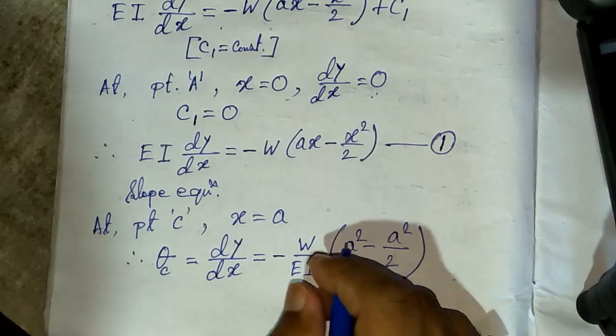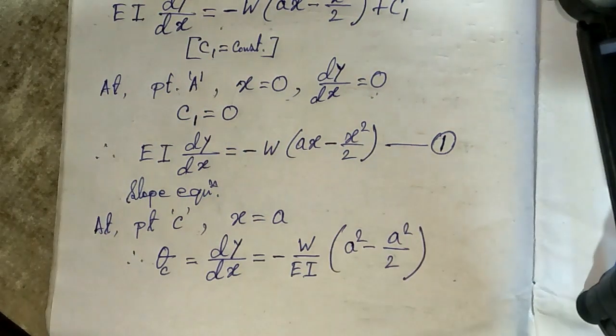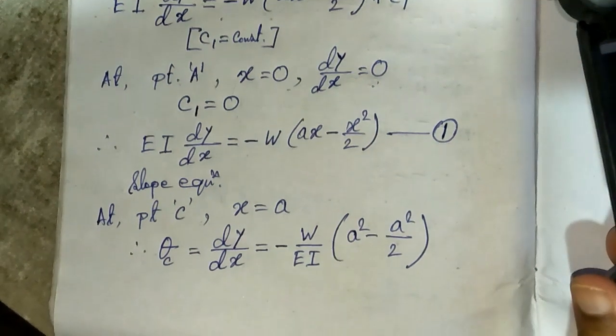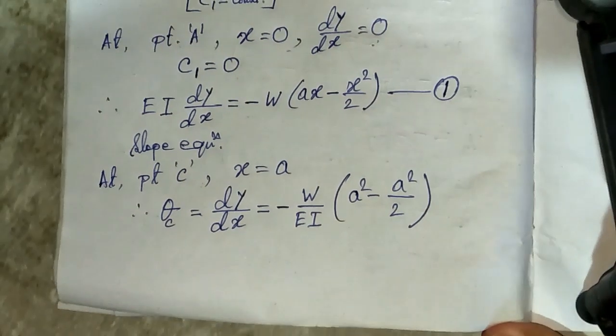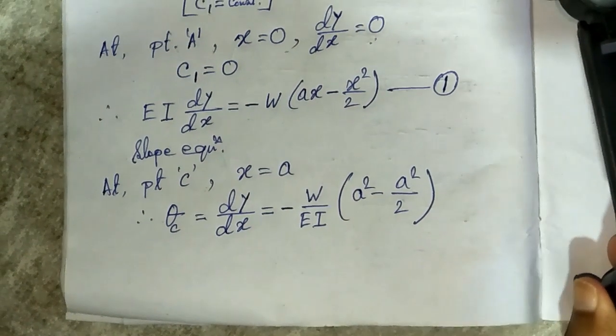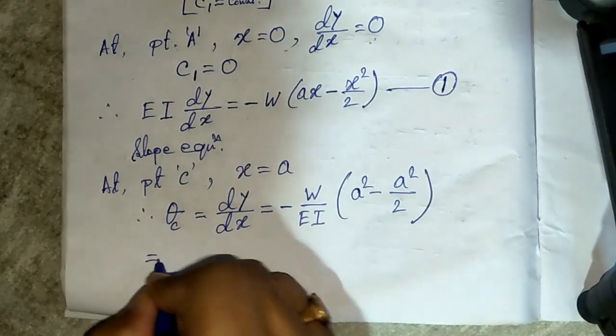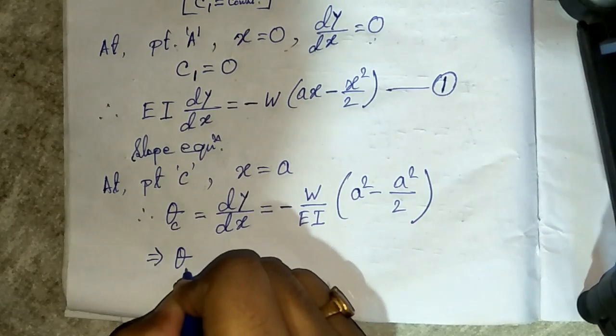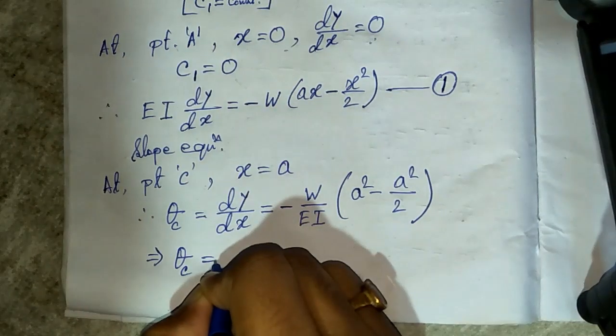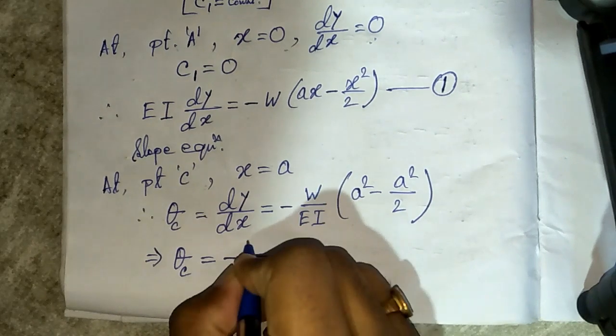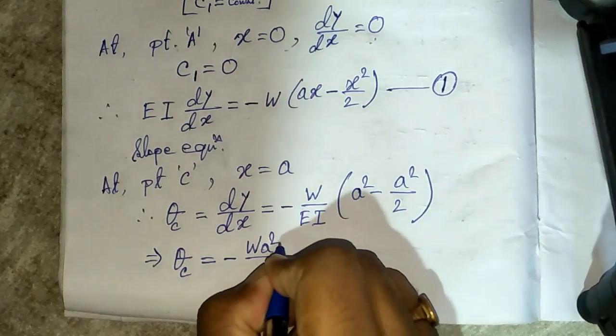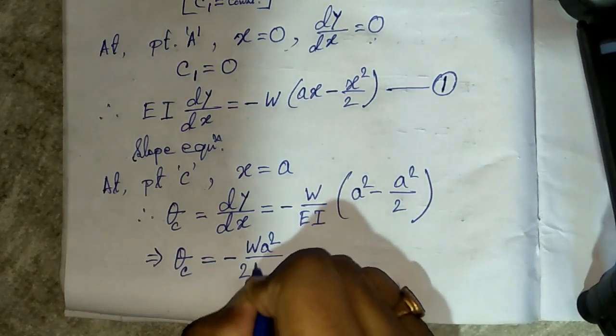So theta c is equal to minus WA square by 2EI.